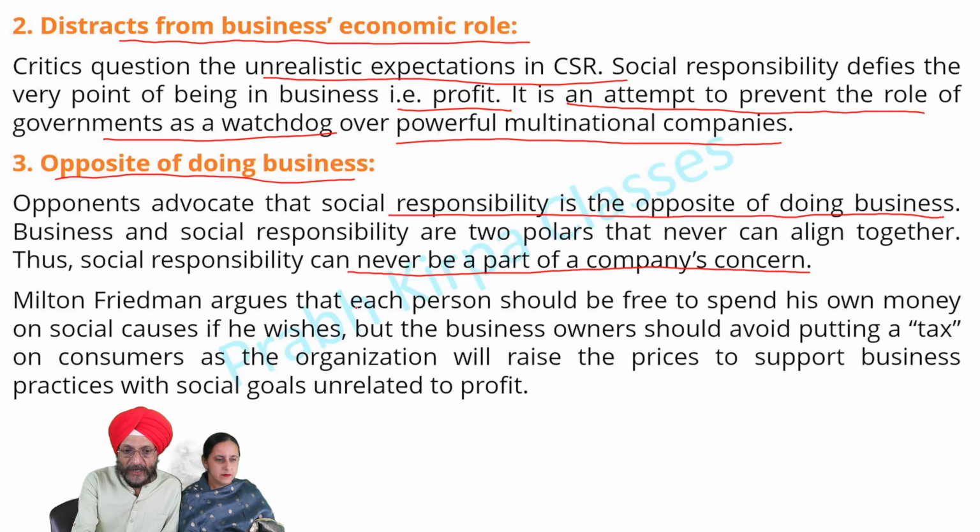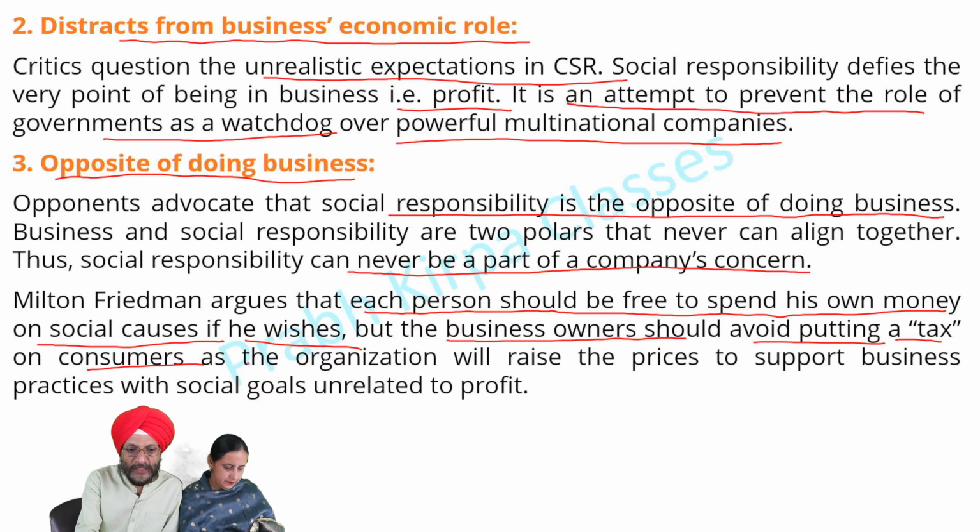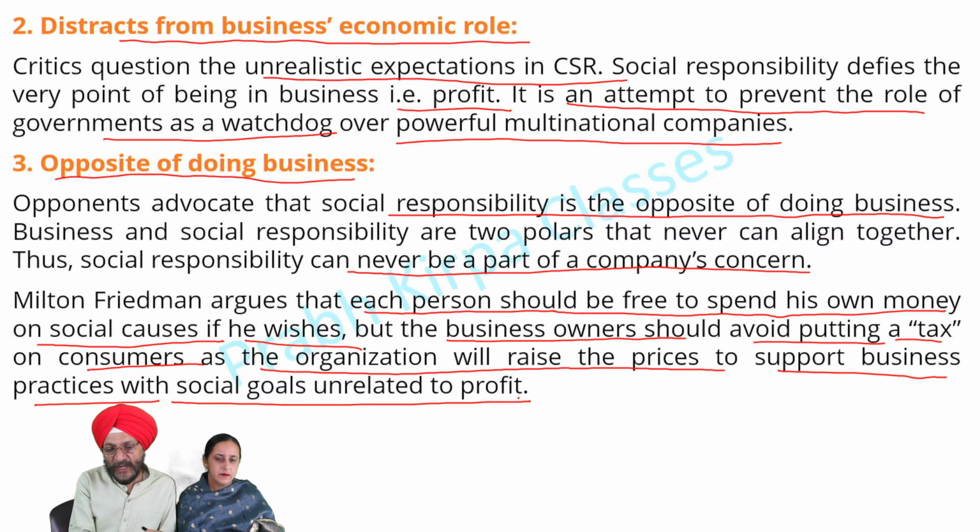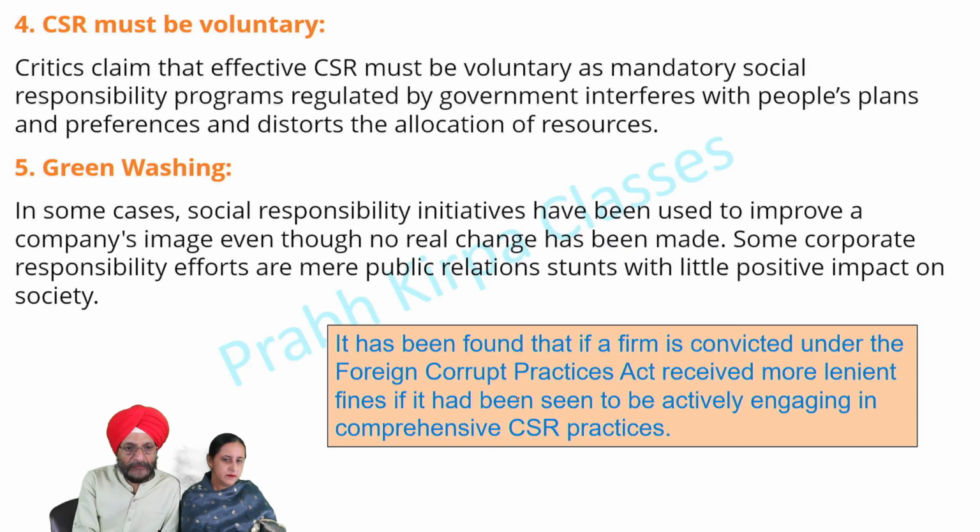Milton Friedman argues that each person should be free to spend his own money on social causes if he wishes. But business owners should avoid a tax on consumers, as the organization will raise the prices of their products to support business practices with social goals unrelated to profit.